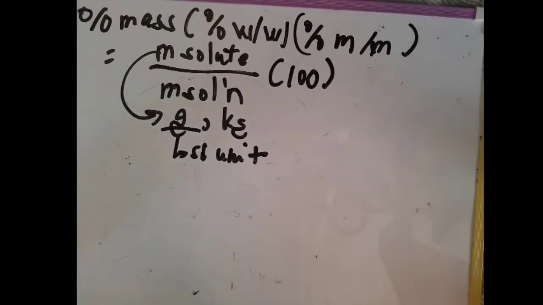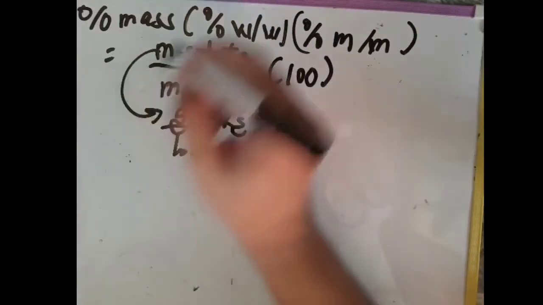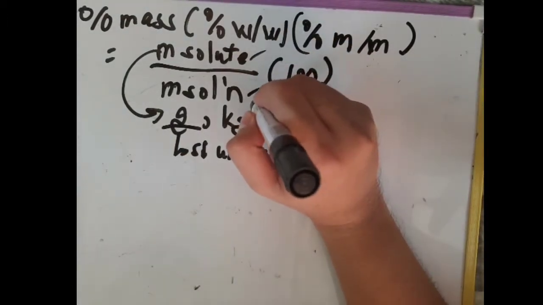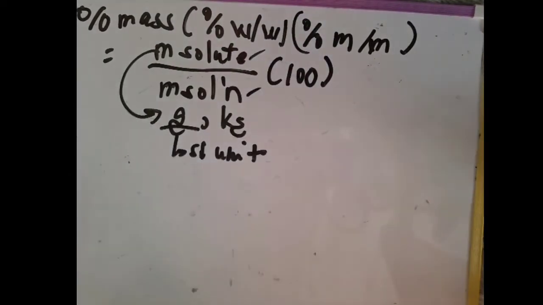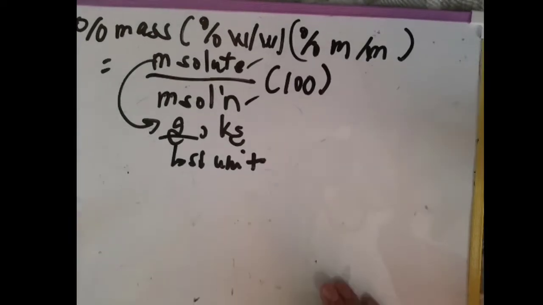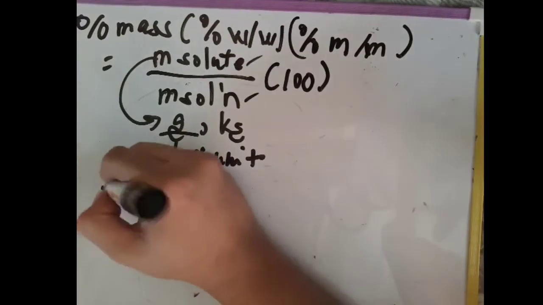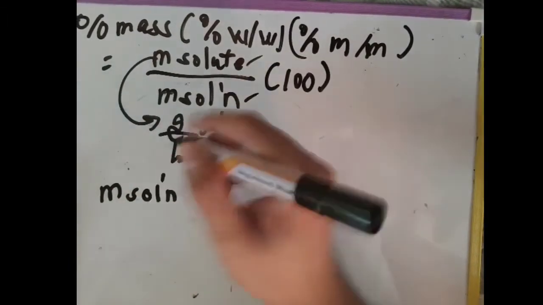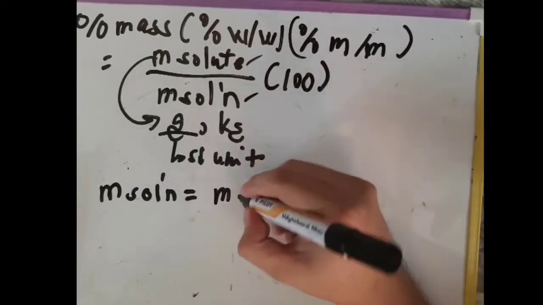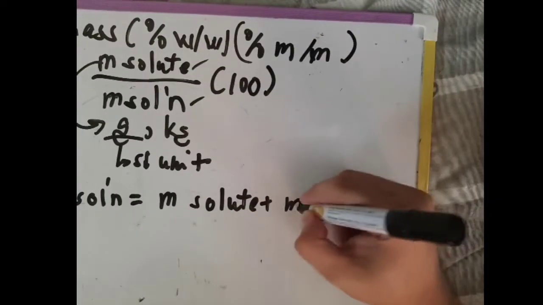We have to take note that the unit of the numerator should be the same as the unit of the denominator, in order to give a correct, or an accurate value for the percentage. Now, the mass of the solution, since the solution is just composed of the solute and the solvent, is just additive. So it's the mass of the solute plus the mass of the solvent, okay?